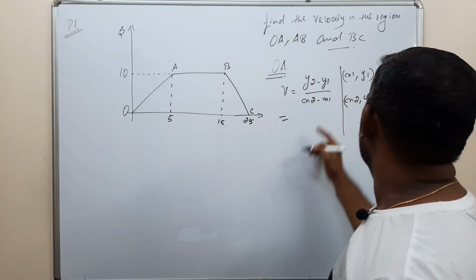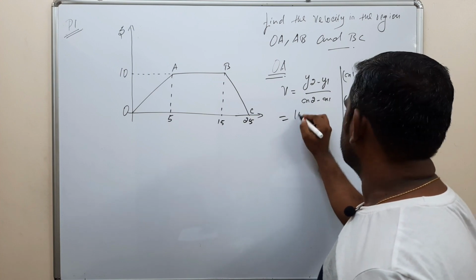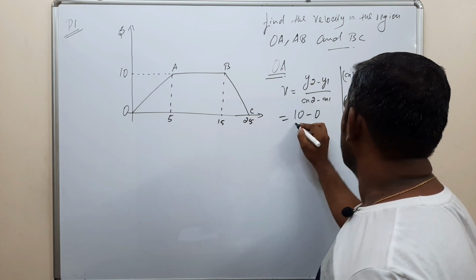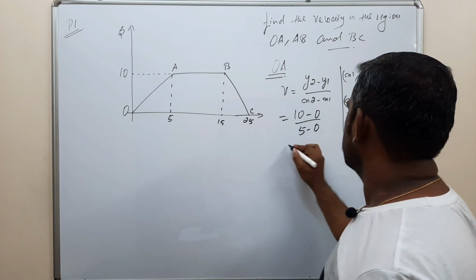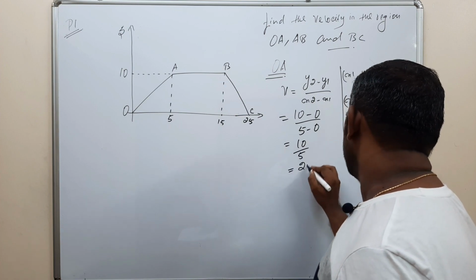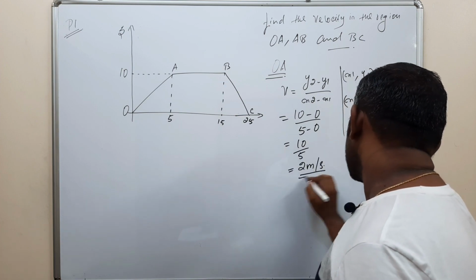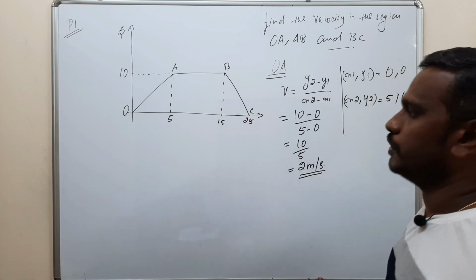So that's equal to 10 minus 0 divided by 5 minus 0. So 10 divided by 5 is equal to 2 meter per second. So that is the velocity in the region OA.